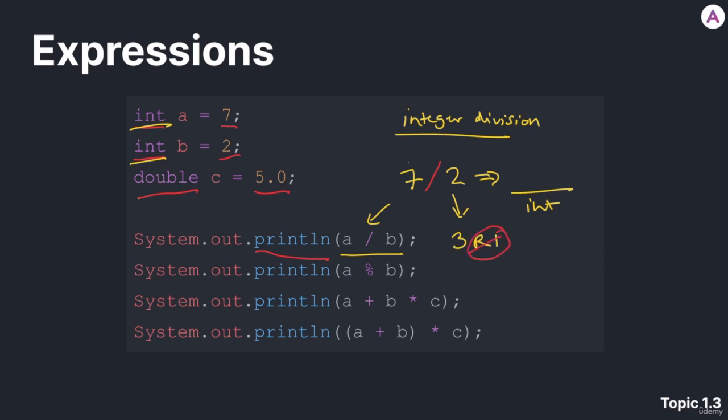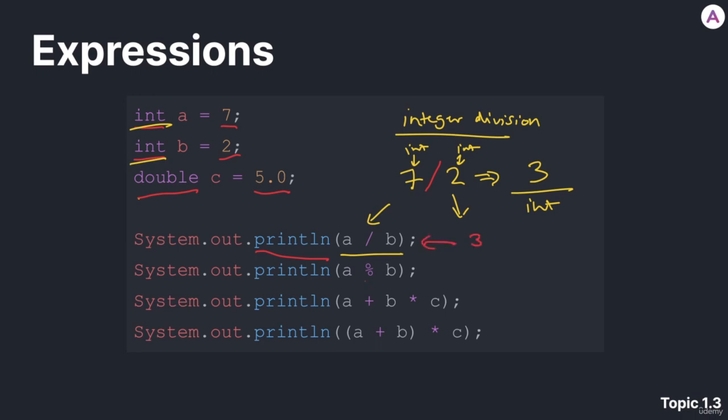Because we're dividing an int by an int, and an int divided by an int in Java has to give an int. So the answer to this would be 3, and basically, this line of code would print the number 3.